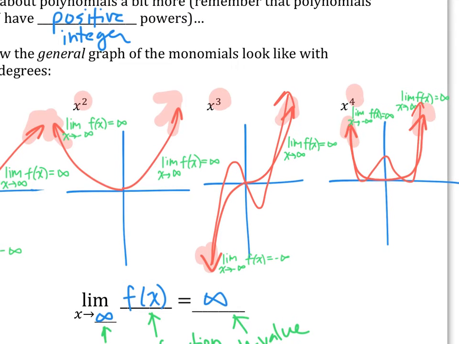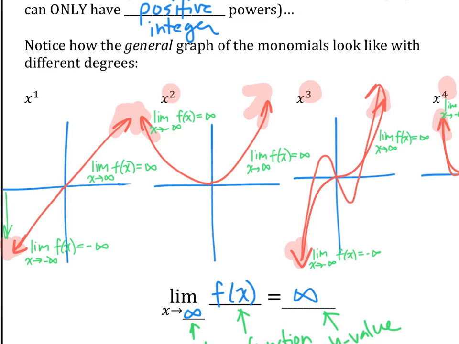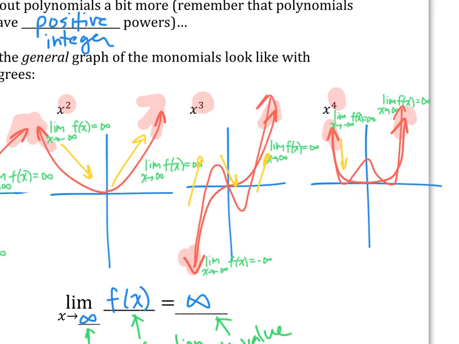So for example, x to the first, just one, kind of one direction. X squared, 1, 2. X cubed, 1, 2, 3. X to the fourth, 1, 2, 3, 4.